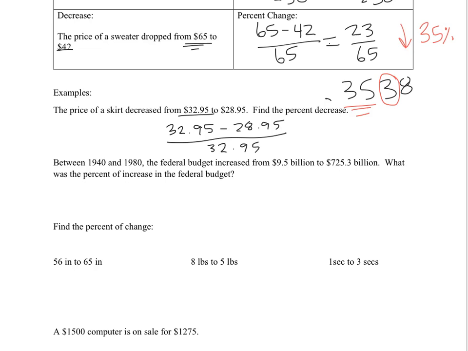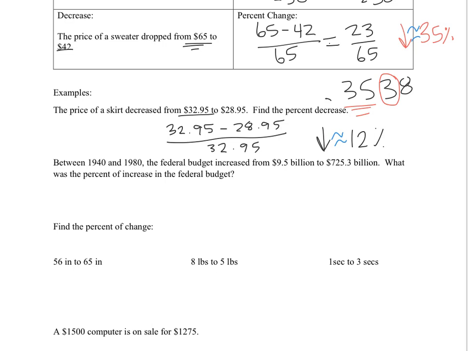So you put that in your calculator. 32.95 minus 28.95 divided by 32.95 is 0.1213, so that is going down 12%. And since I'm rounding all these, I should put this symbol, which means approximately, because it's not exactly 12%. We had to round the decimal.